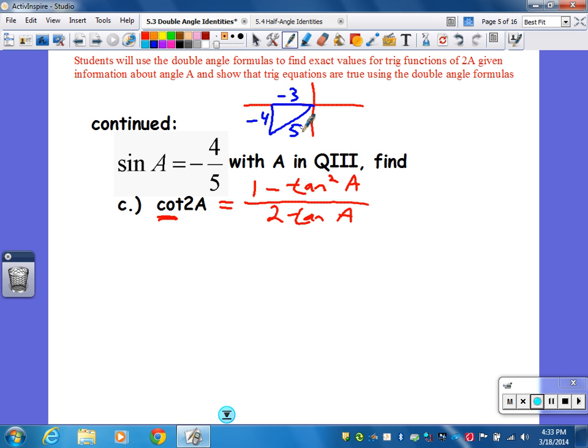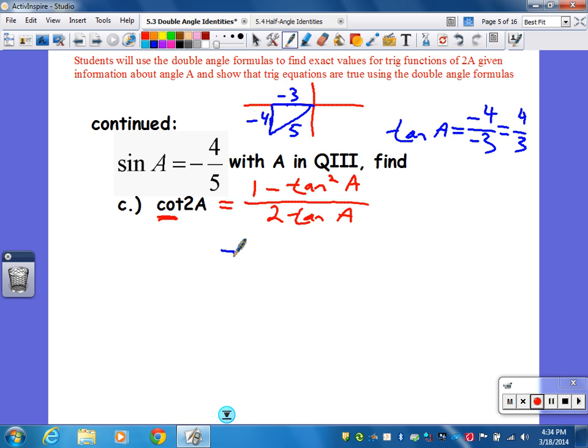Well, tangent is opposite over adjacent. So we have tangent A is equal to 3/4. Oh, sorry, my bad. Harp on me all you want. I just wrote it wrong. Okay, so negative 4 over negative 3, which is equal to 4/3. Okay, now we have tangent A, so let's just plug in what we have.